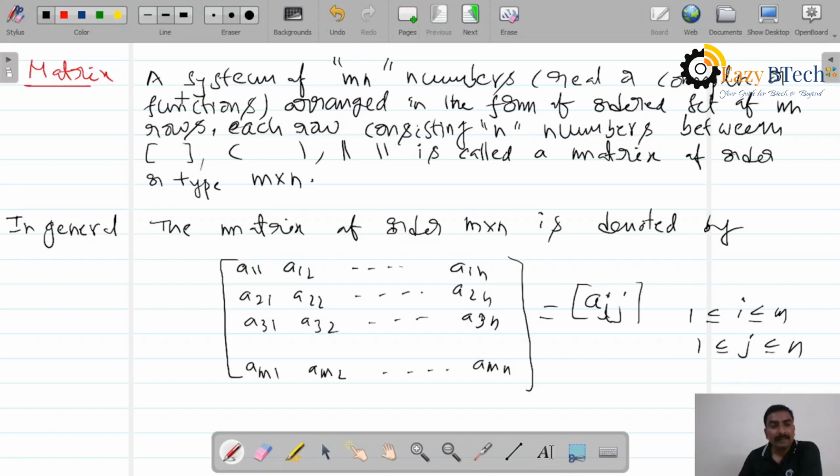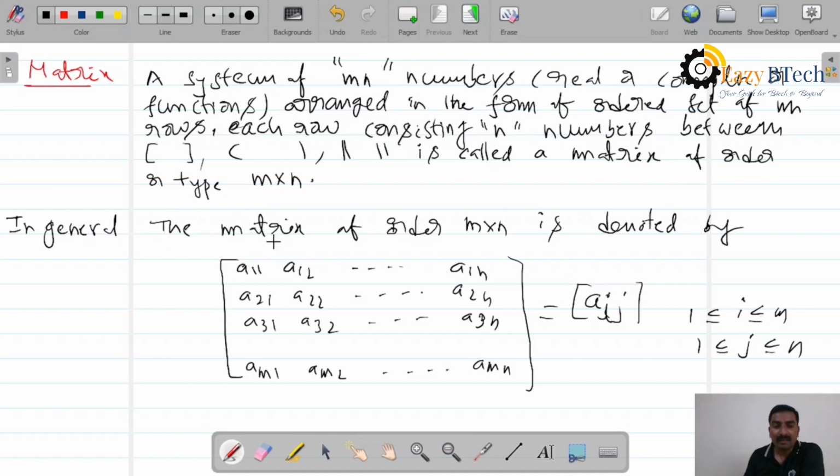Once again, see a system of mn numbers. These numbers either real numbers or complex numbers or functions arranged in the form of an ordered set of m rows, each row consisting of n numbers between these brackets, is called a matrix of order or type m by n.